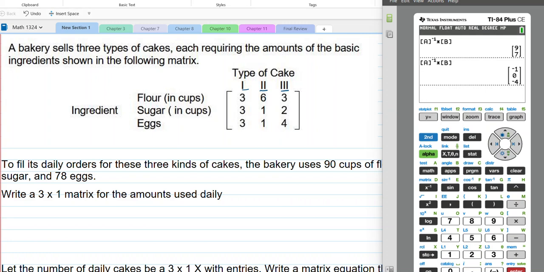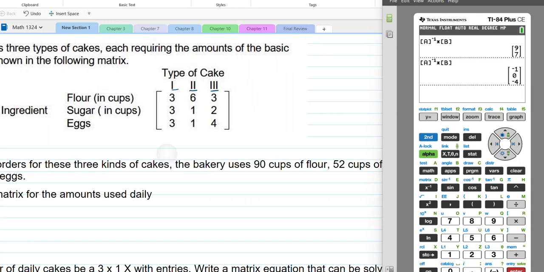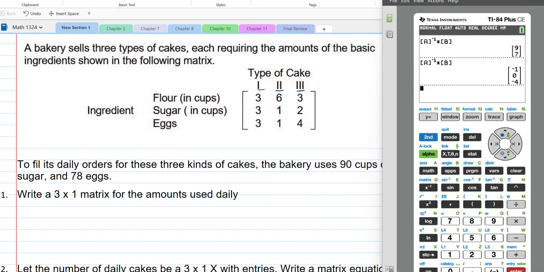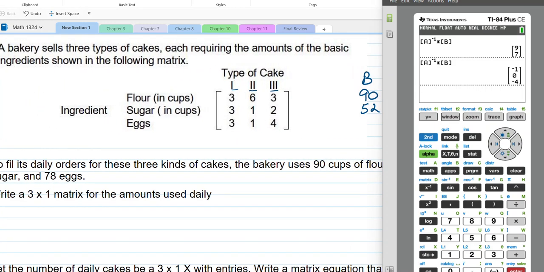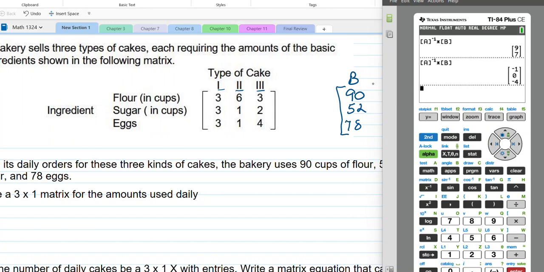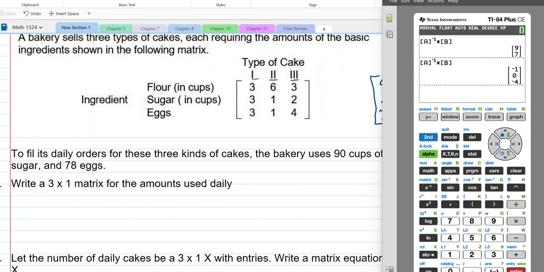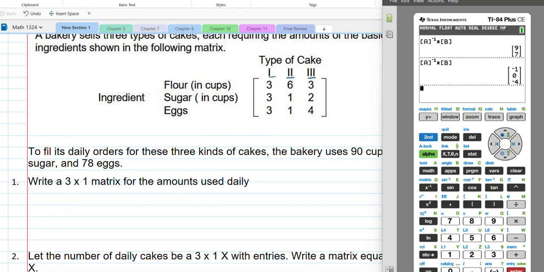All right. To fill the daily orders of these 3 kinds of cake, the baker uses 90 cups of flour, 52 cups of sugar, and 78 eggs. That's the total of all of the cakes, and the cakes are type 1 for the amount of daily use.